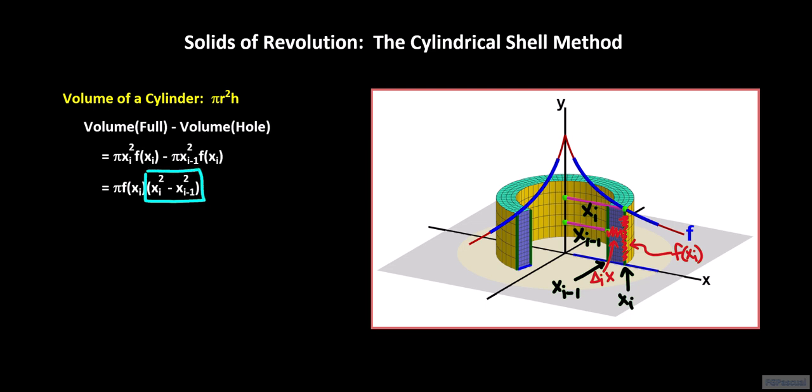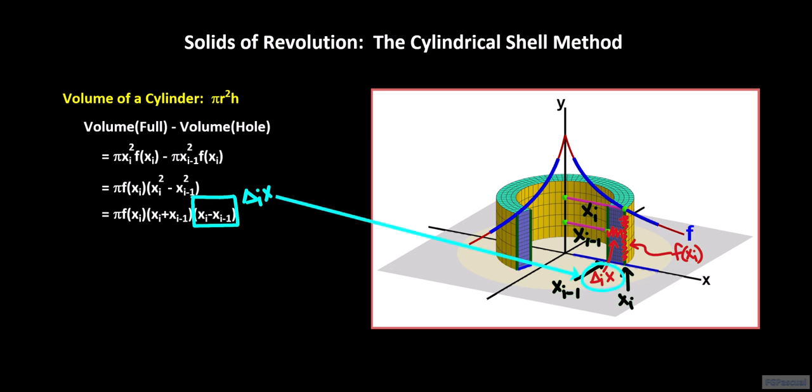And so the volume of the ith cylindrical shell is pi times f of x sub i times the quantity x sub i plus x sub i minus 1 times the quantity x sub i minus x sub i minus 1. x sub i minus x sub i minus 1 is the thickness of the ith cylindrical shell, and so it is equal to delta sub i x.